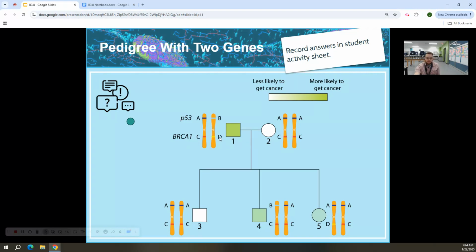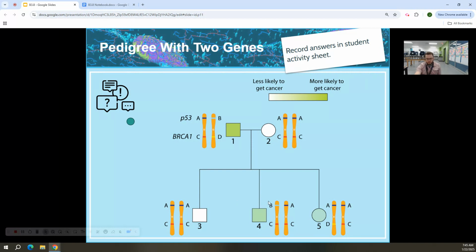Which one, based on just this person here, do you think is the functional version of the BRCA1 gene? Then as we move down, this person also only has the A and C alleles, and they also have the white square representing very low to no cancer risk. So again, which do you think, C or D, is the functional BRCA1 gene?